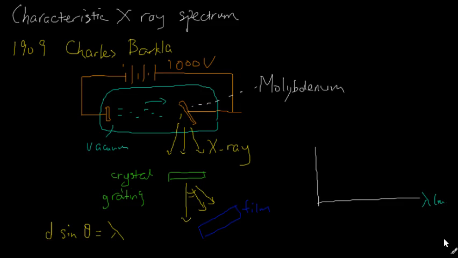The horizontal axis would be lambda in nanometers, and typically the spectrum would look like this, with some peaks that correspond to the lines on the spectrum.